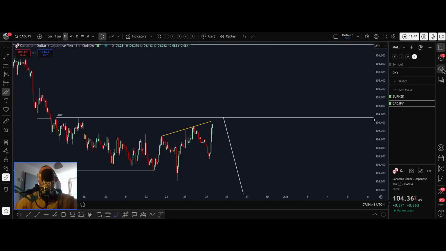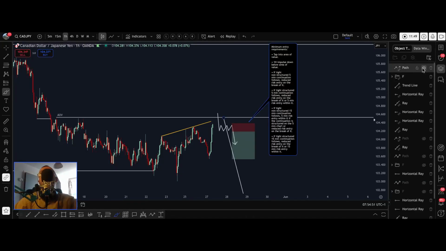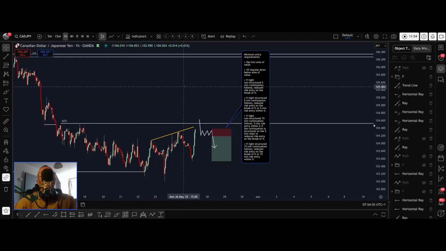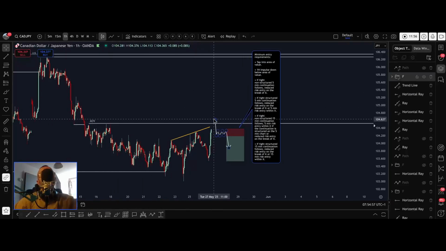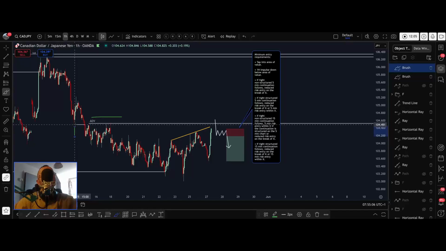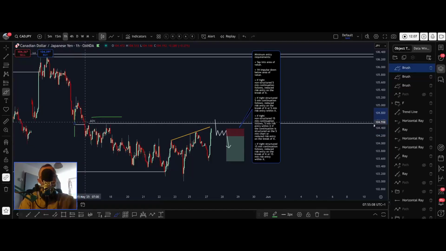So rather than try and call the top, as it were, what I'm going to be looking for is a tap into that area, a push down, and then if we did push into that area, especially if we broke above and pushed back in, that would tell me that we've likely stopped a lot of people out with their stops above here who believe that this now acted as resistance.